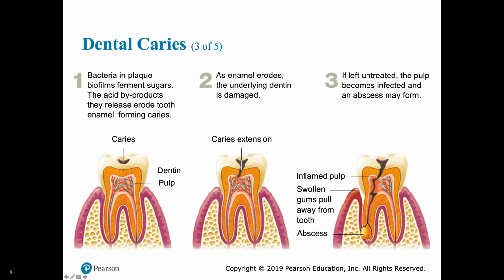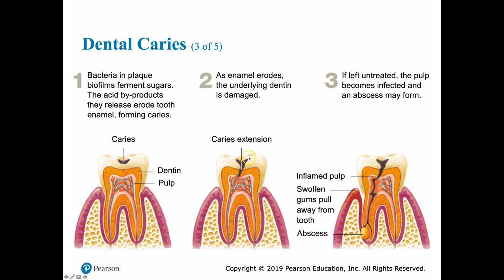So this is showing you here what a dental carie looks like. So here is your tooth, it's the crown, and then under here is the dentin, and then the pulp where you have all your blood vessels and nerves. The fermenting of the sugars, allowing acid byproducts, starts to erode away at this.